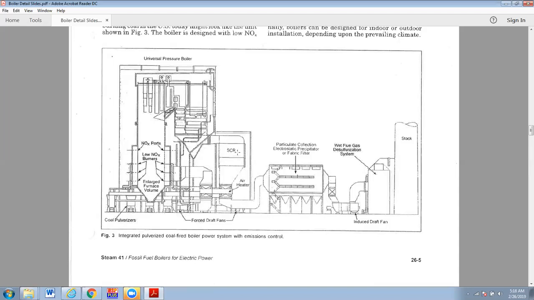There's a particular temperature range where these reactions work best. When we get to the chapters on the steam book, you'll get that in depth and detail. And so this is then the rotary air heater. So we go through that. And then we go for particulate collection, electrostatic precipitator or fabric filter.